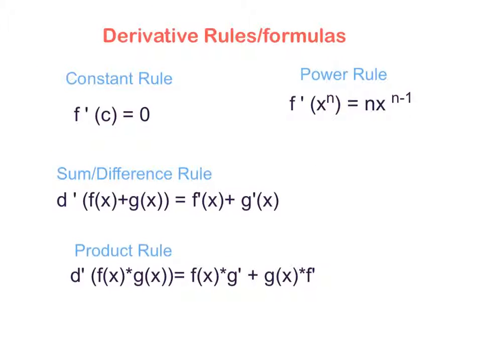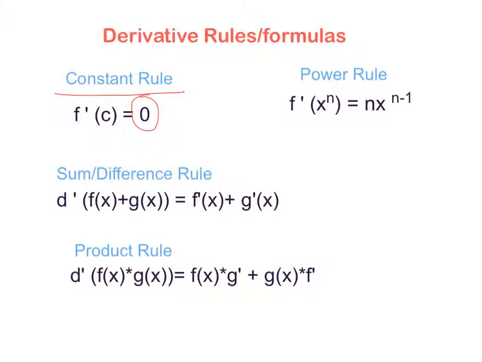We have different rules to get the number faster. The constant rule: the derivative of a constant number will always be zero.